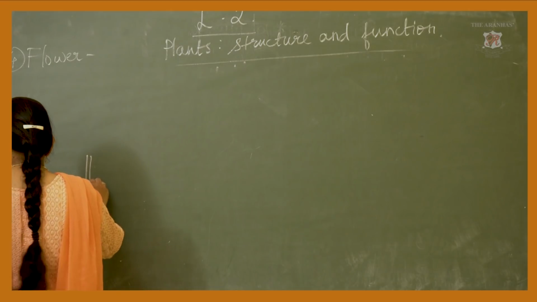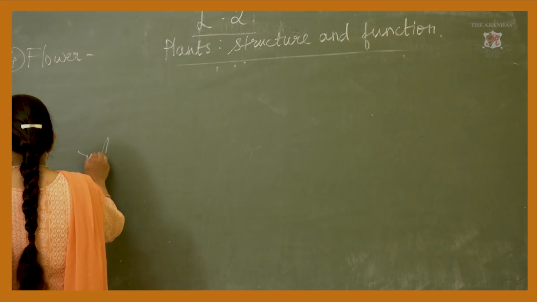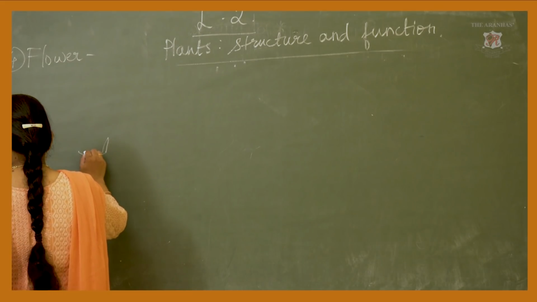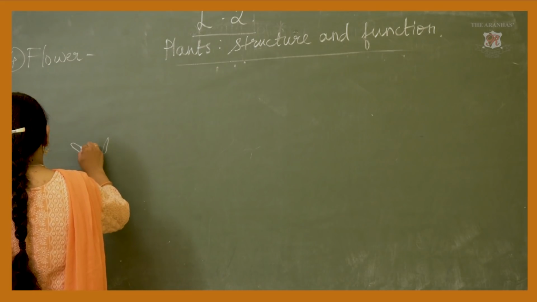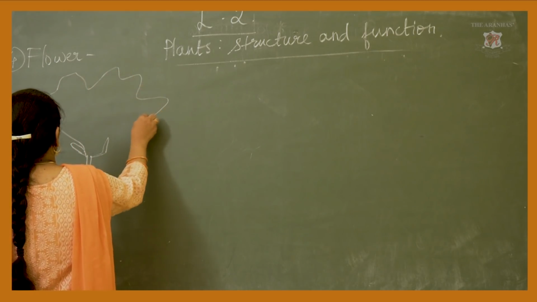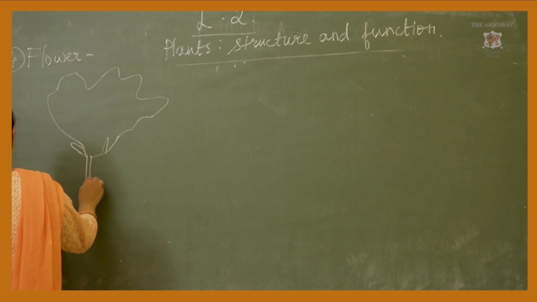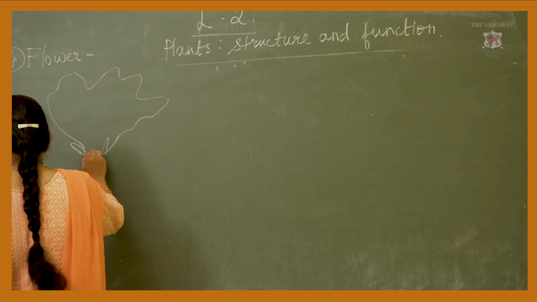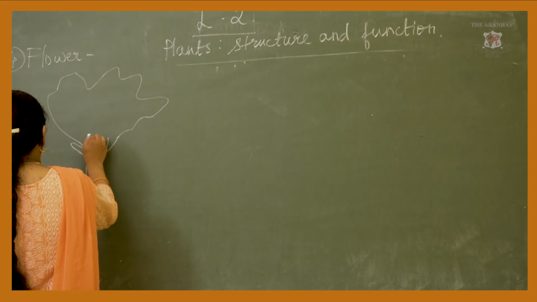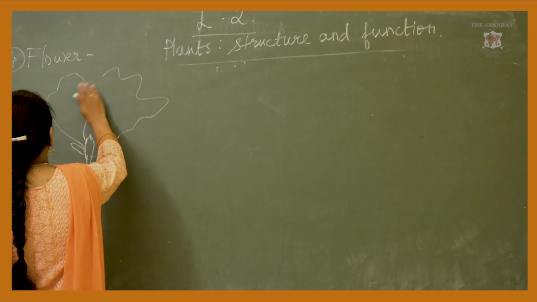We have to study each and every part with the help of a diagram. I am drawing this for you students. This is the green part. Usually we study hibiscus flower in detail. So in hibiscus flower, see, what I am drawing is according to your textbook only.